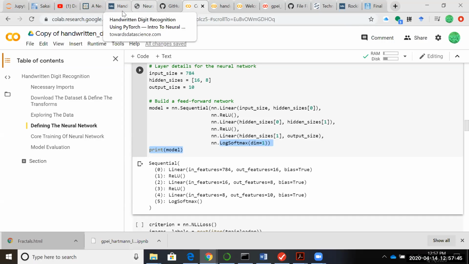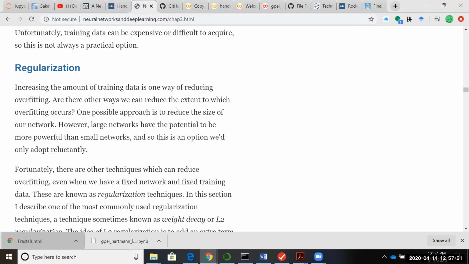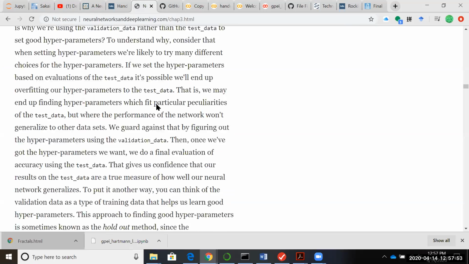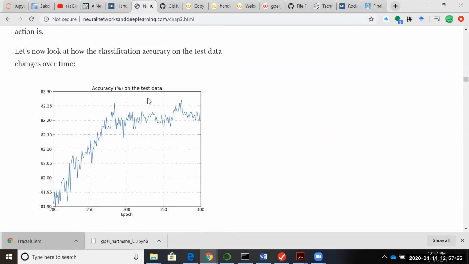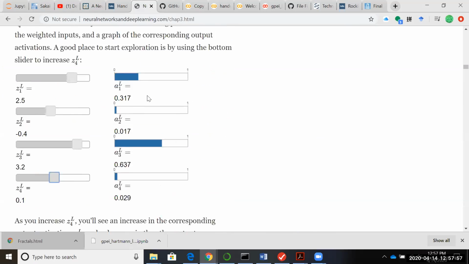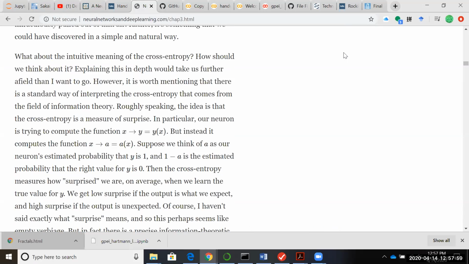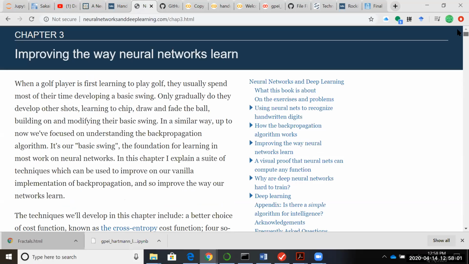Now I want to switch to talk about this log softmax, because there's something interesting. I go to this online book which we have been using somewhat. I jump to the chapter on improving the way neural networks learn.